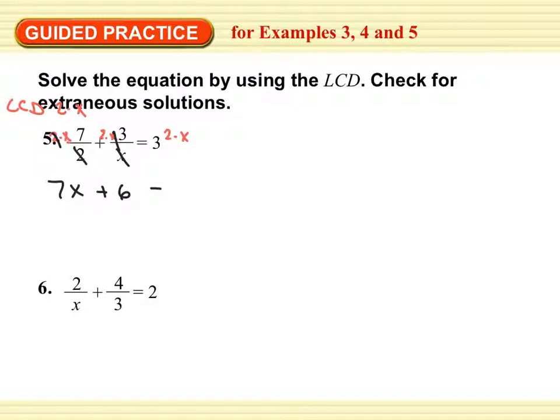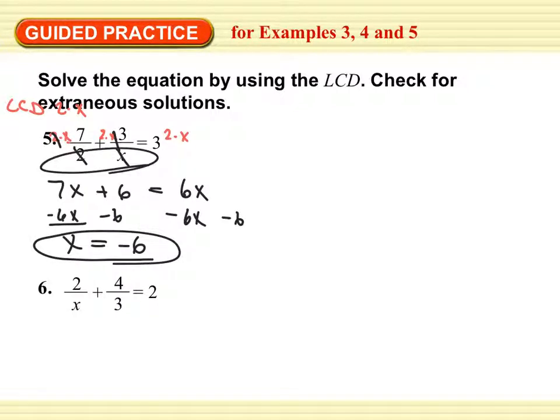I've got a 6. And you have to keep all that. So that gives me a 6x. Minus 6x, x minus 6 minus 6, x equals -6. Go back and look at your denominators and make sure they work, and here they do.